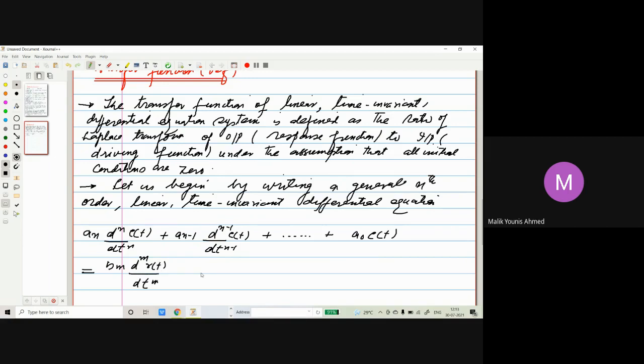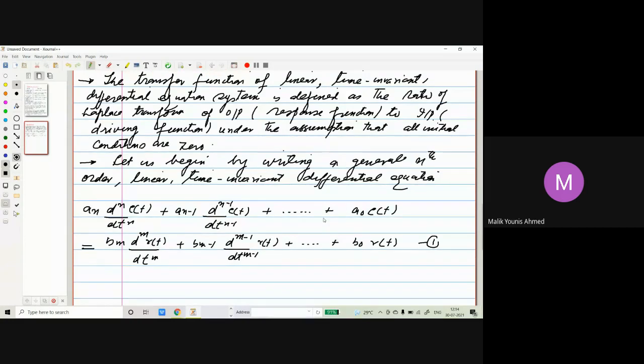So let us consider this as our system: the general nth order linear time invariant differential equation system.